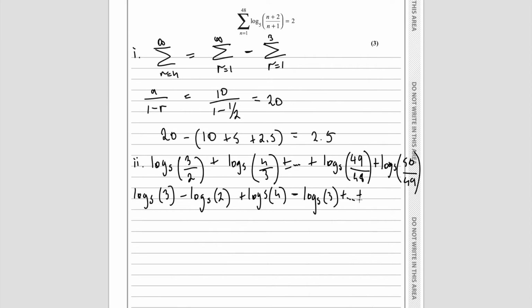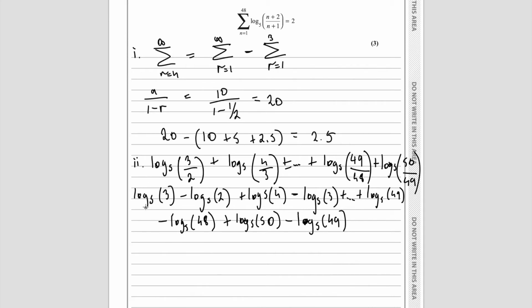So we'd add log base 5, 49, subtract log base 5, 48, add log base 5, 50. I know this seems slightly tedious, but I assure you that we'll get there. And we're going to be subtracting log base 5, 49.